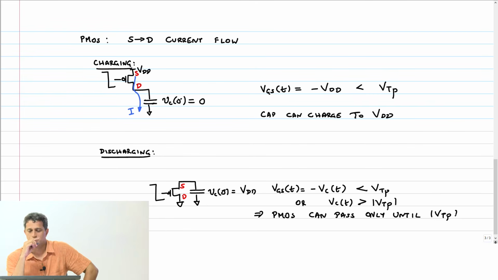Clear? Great. Now, what's the conclusion? We have to discharge with NMOS transistors and we have to charge only with PMOS transistors. Any other combination leads to no rail to rail swing, and also that will be very slow.